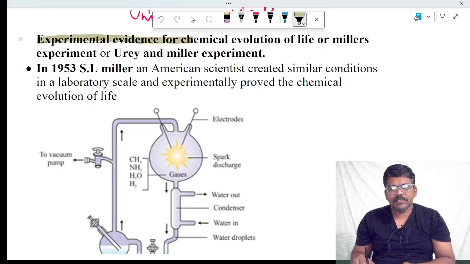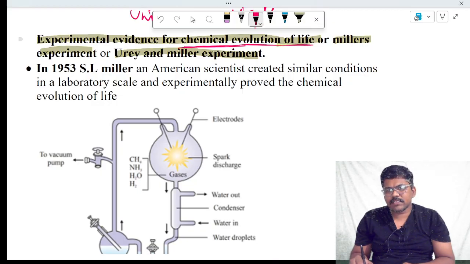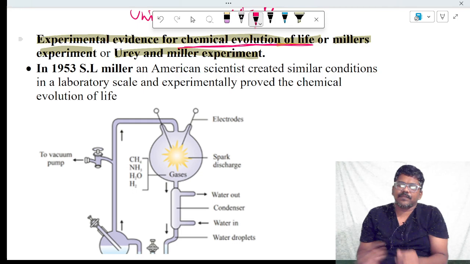Experimental evidence for chemical evolution of life. It is also called Miller's experiment or Urey and Miller's experiment. Chemical evolution of life is a theory that explains how the first life originated.